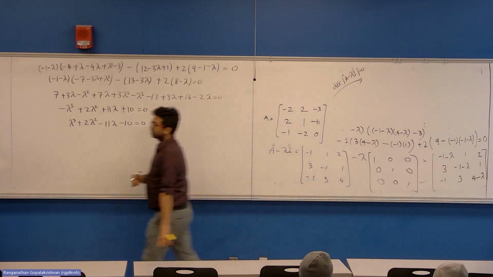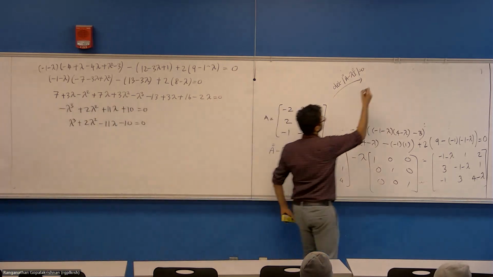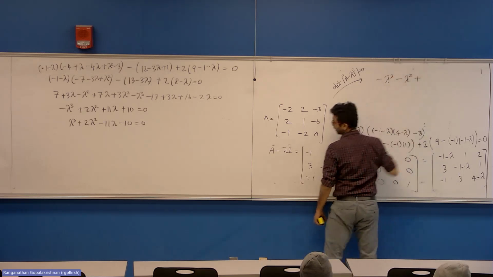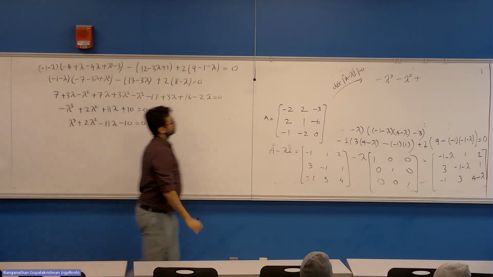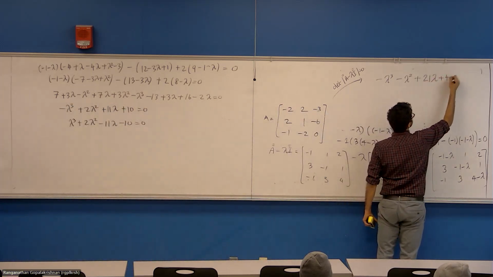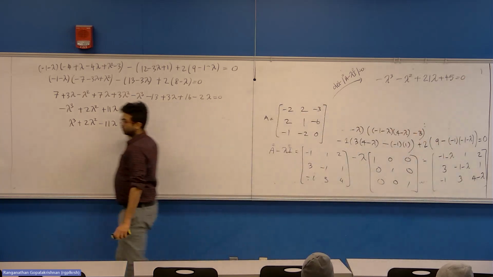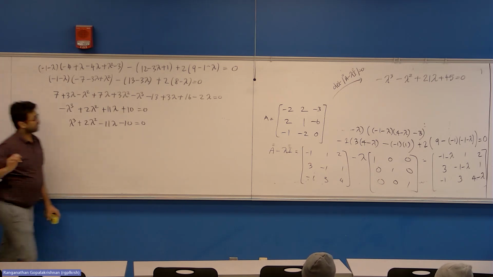And the characteristic equation happens to be minus lambda cubed minus lambda squared plus 21 lambda plus 45 equal to 0. This is the characteristic equation for this matrix, and the three eigenvalues are 5, minus 3, minus 3.